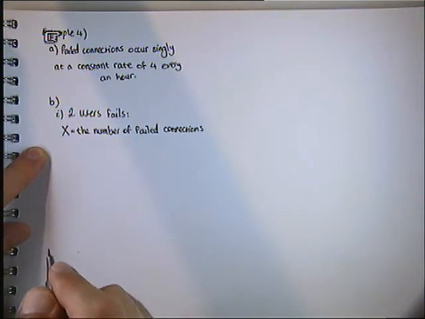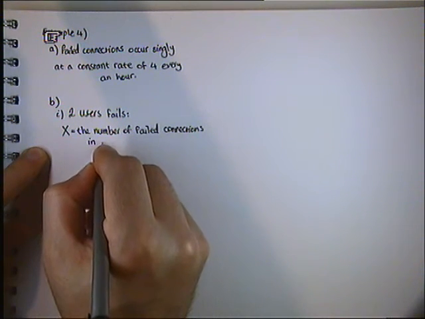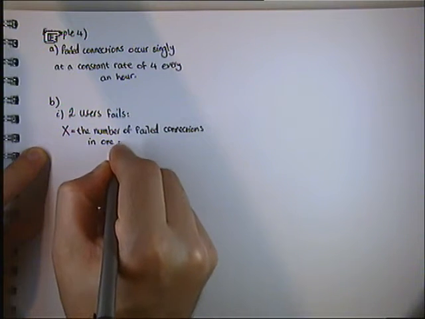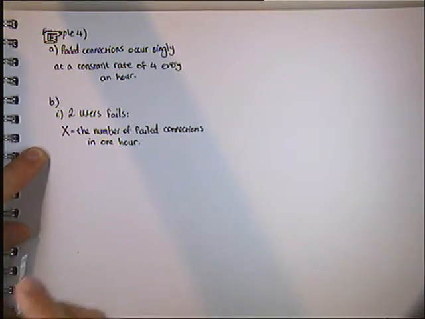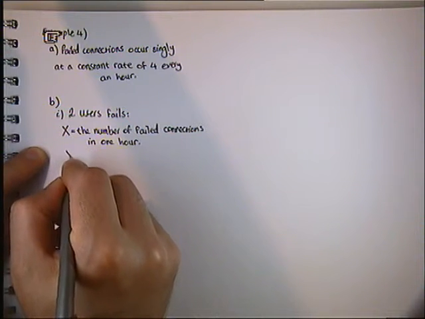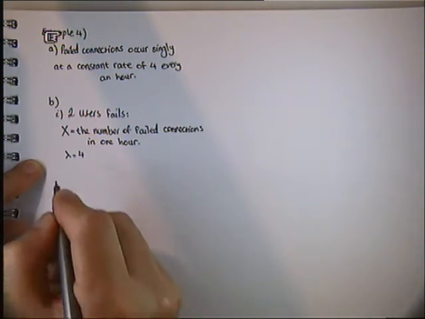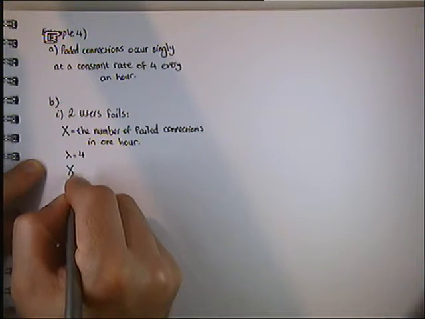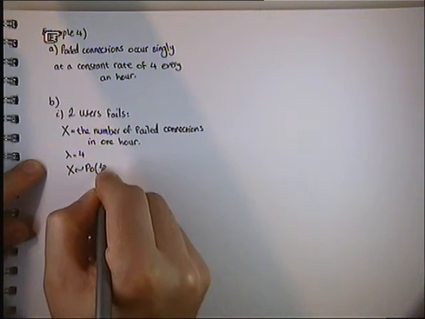We have to specify the rate as well, in 1 hour. So in this case lambda would be equal to 4. The rate of fail is 4. Therefore x follows the Poisson distribution with lambda of 4.